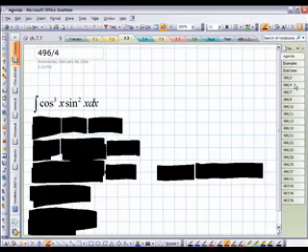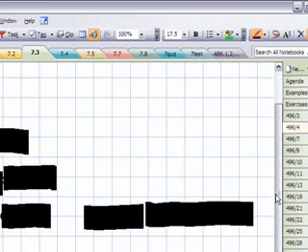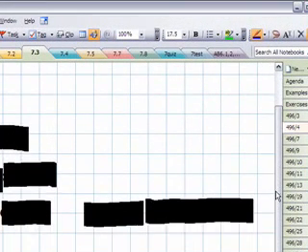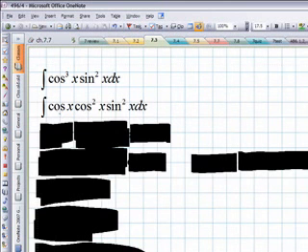All right, integral of cosine cubed sine squared dx. Realizing that the derivative of one is the other with a negative or not, that's going to help us out as far as splitting things off. So what we'll do is split off one of the cosines. So we have cosine squared sine squared dx.